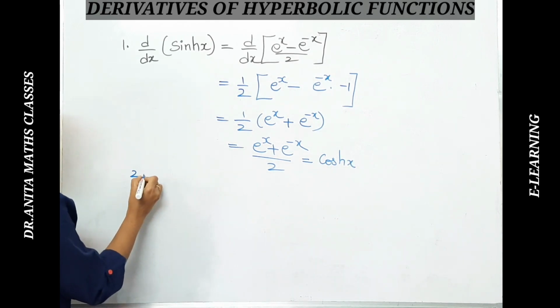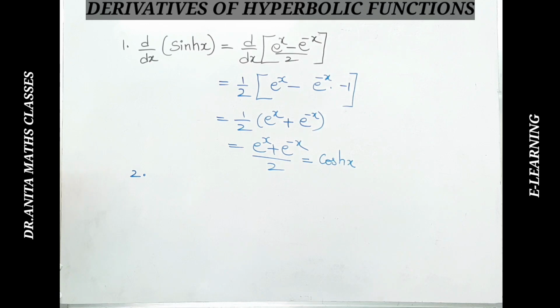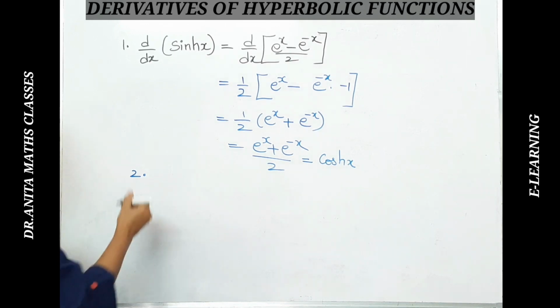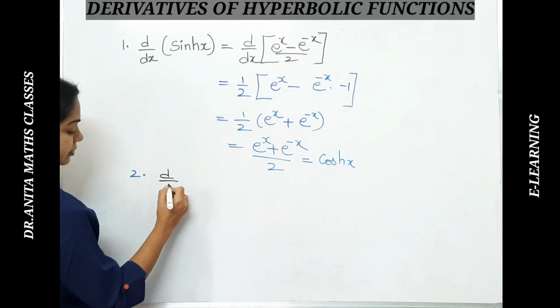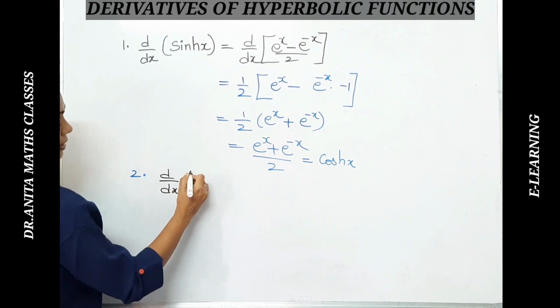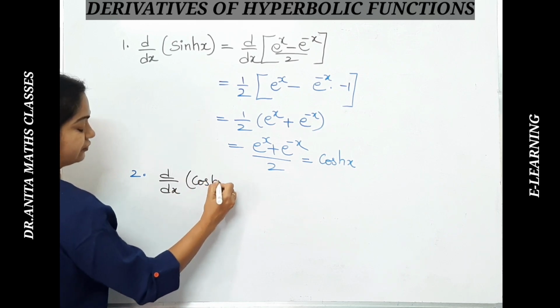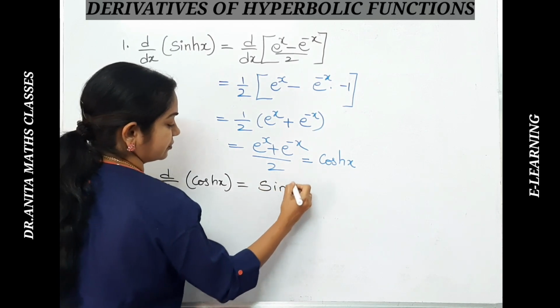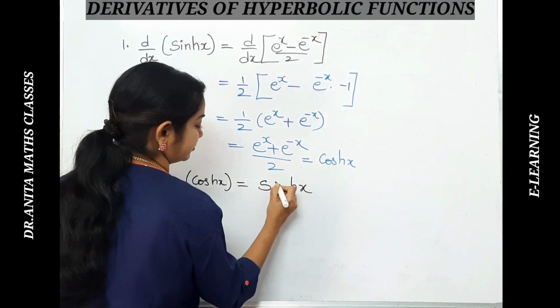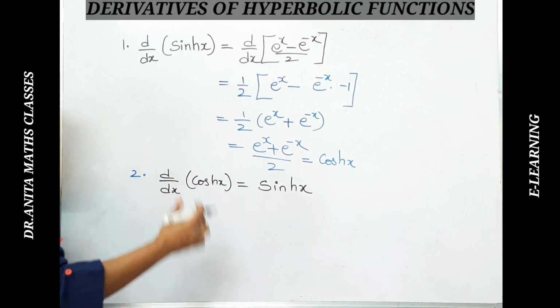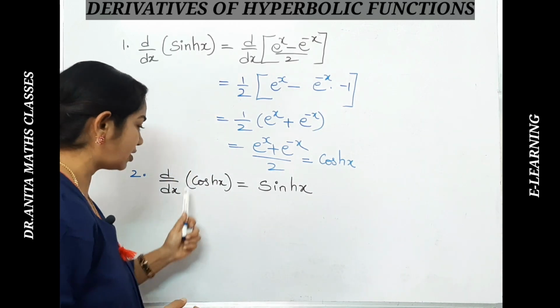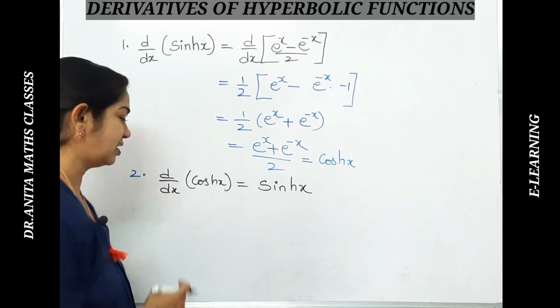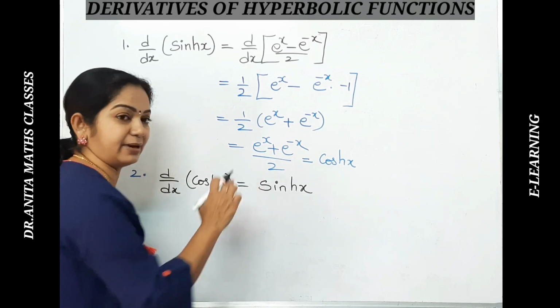Likewise, we can derive for the others also. So let us simply note it down. The derivative of cos h of x is equal to sine h of x here. Whereas in the derivatives of the trigonometric functions, for cos x we had a minus, because where c is involved, we will be getting a minus.